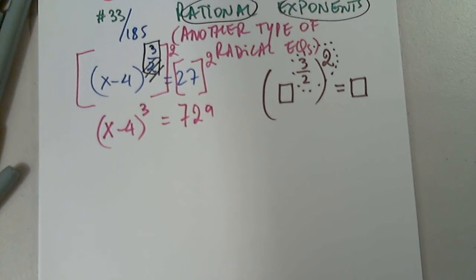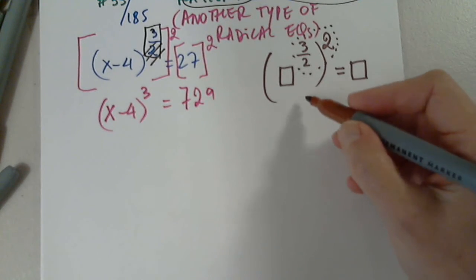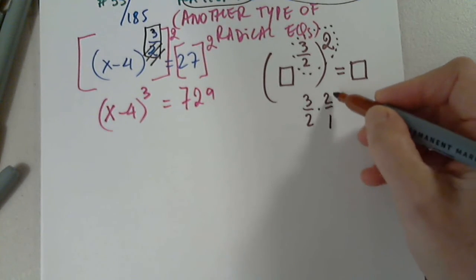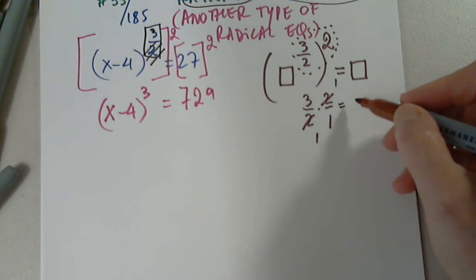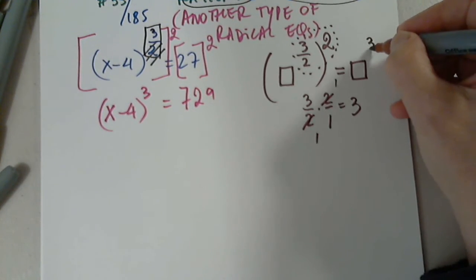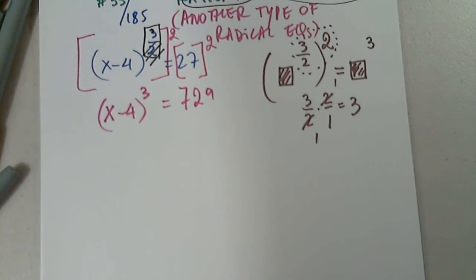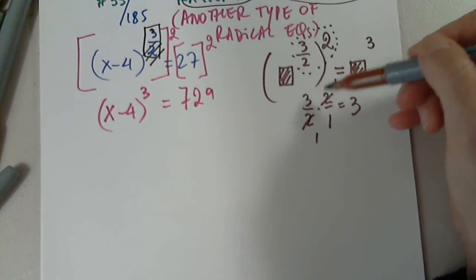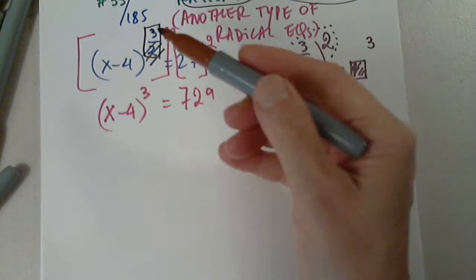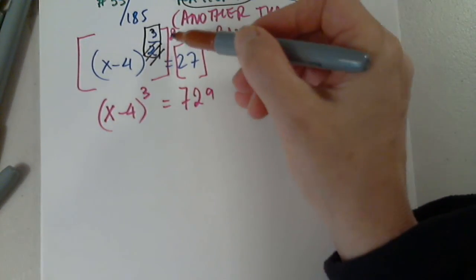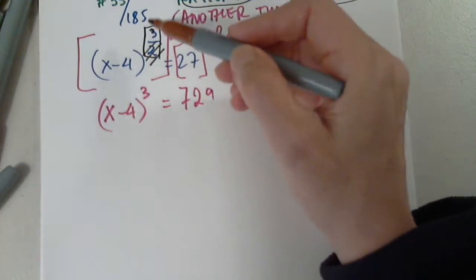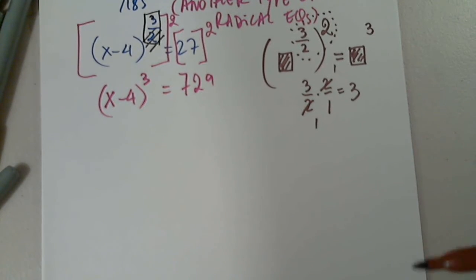Okay, so we multiply them, right? So 3/2 times 2/1, always simplify before you multiply. So that's how we get the base raised to the third power, because I multiplied 3/2 by 2/1 and I got 3. So we eliminate the denominator by raising both sides to the second power.